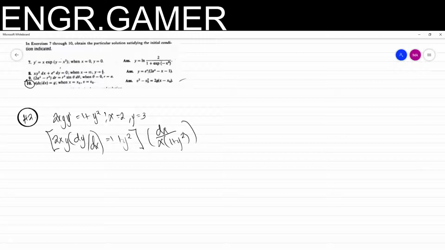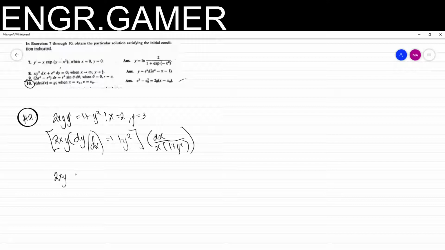Okay? I-arrange natin ang x. Multiply natin siya ng dx over x times 1 plus y squared. So, dx over x times 1 plus y squared times 2xy dy over dx. Ang makancel out yung dx natin. Sige. Distribute natin para mas pakita natin.